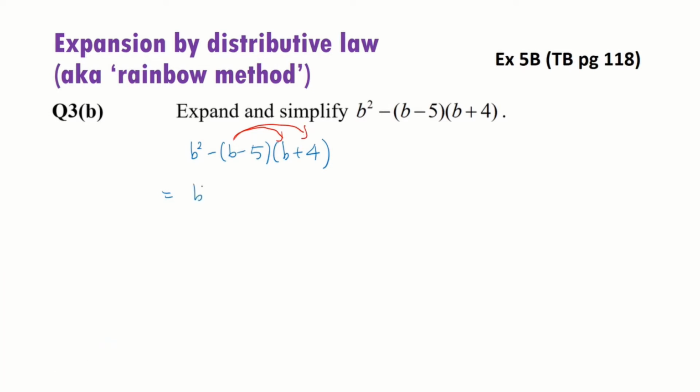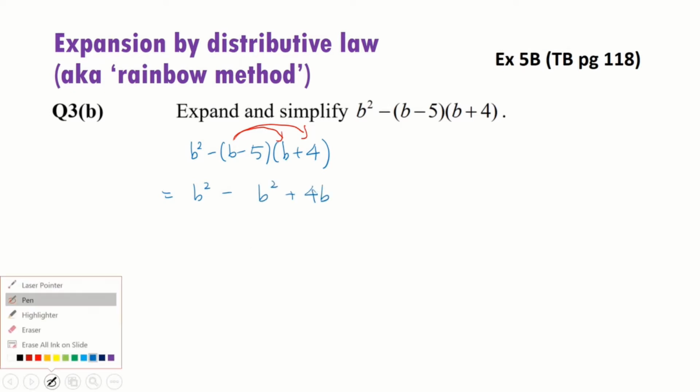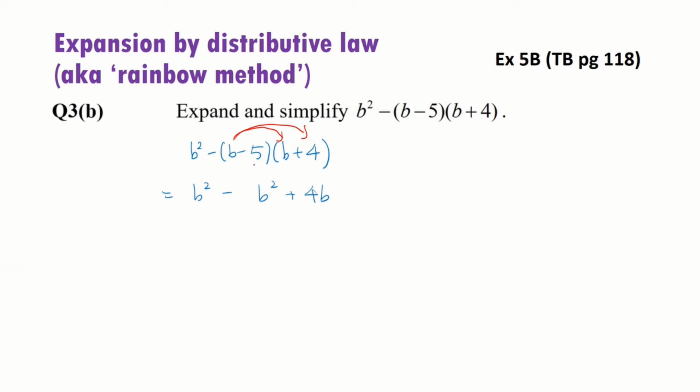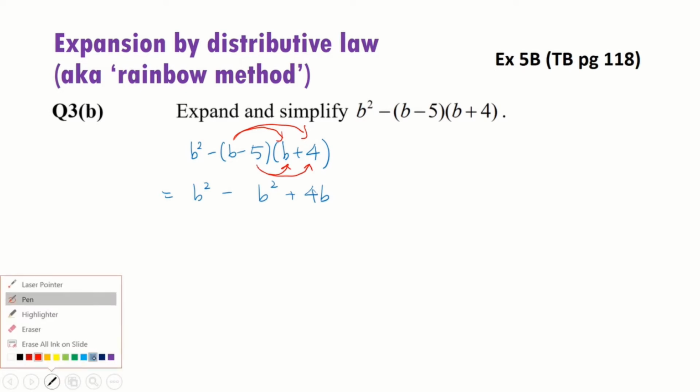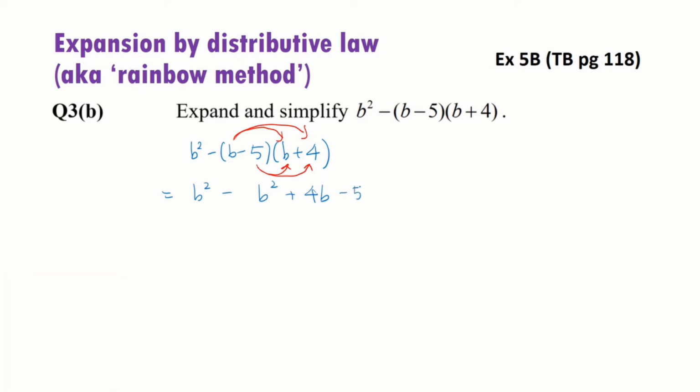So we will get b squared, and then after that plus 4b, followed by, when I do the rainbow for minus 5 to b and minus 5 to plus 4, I will be getting minus 5b minus 20.